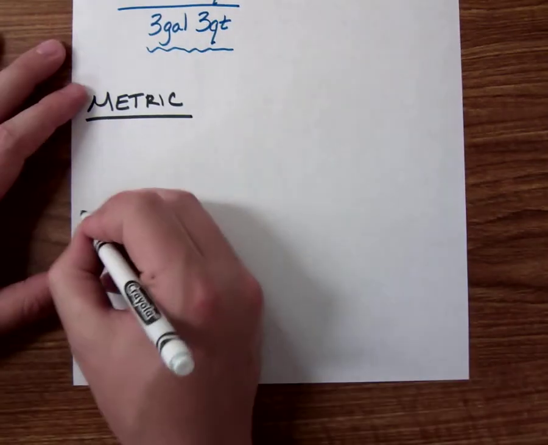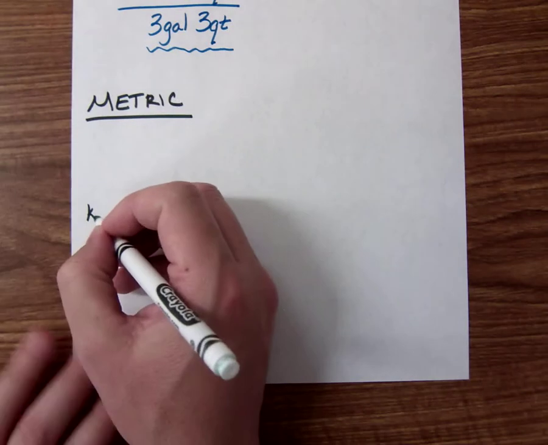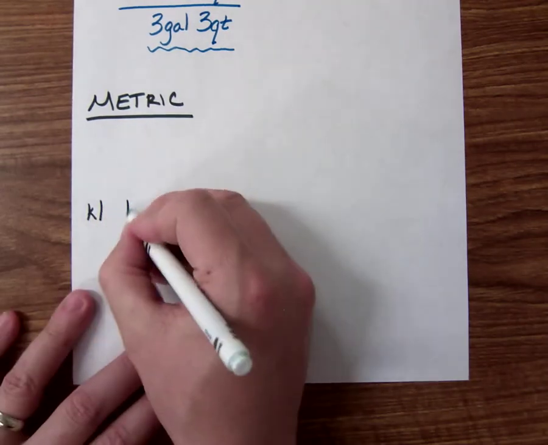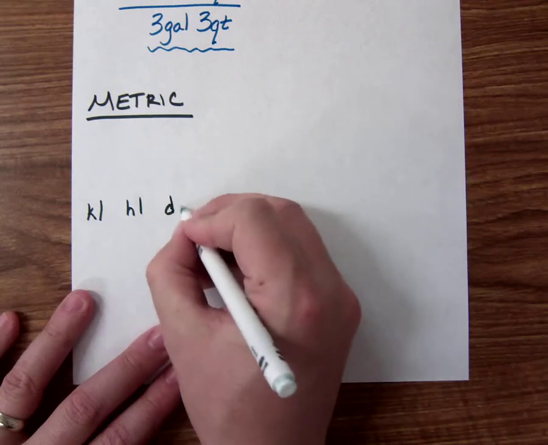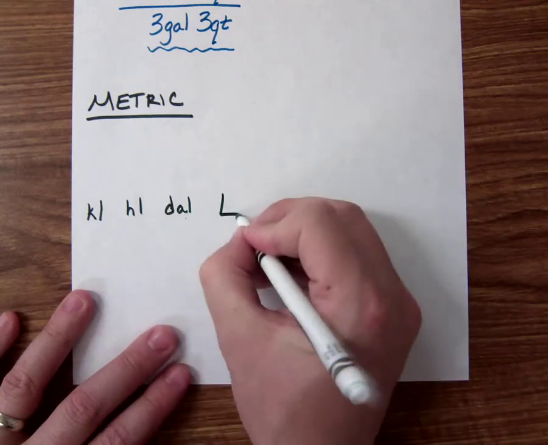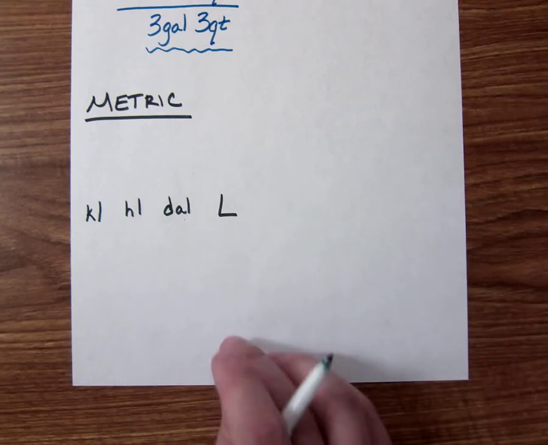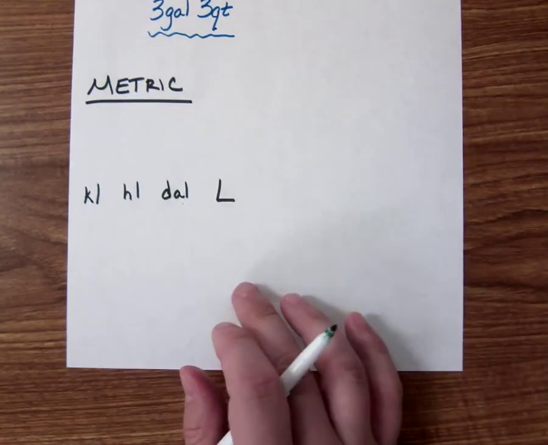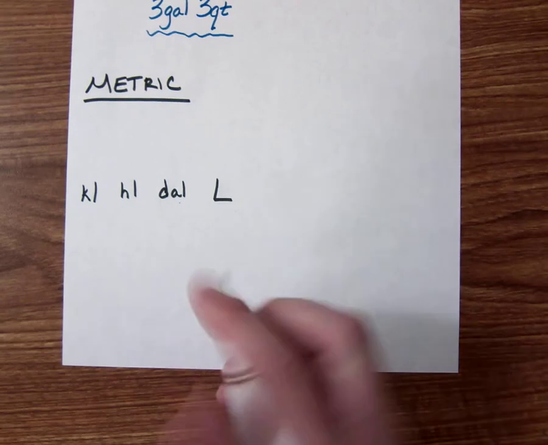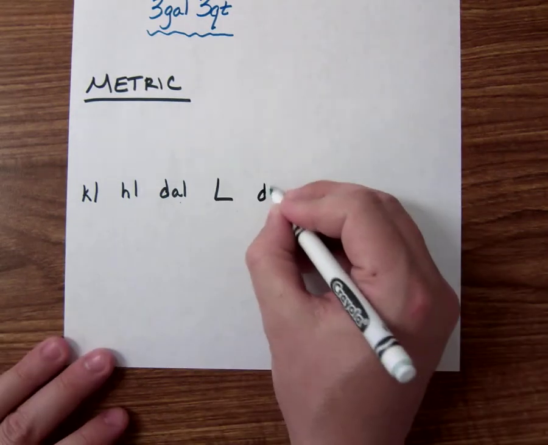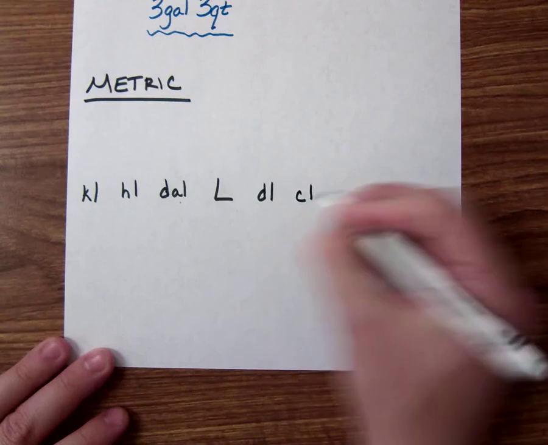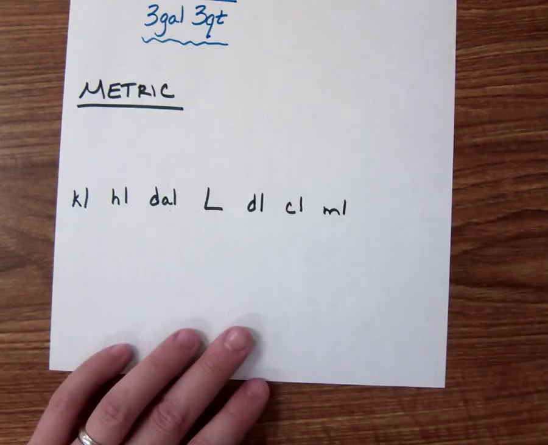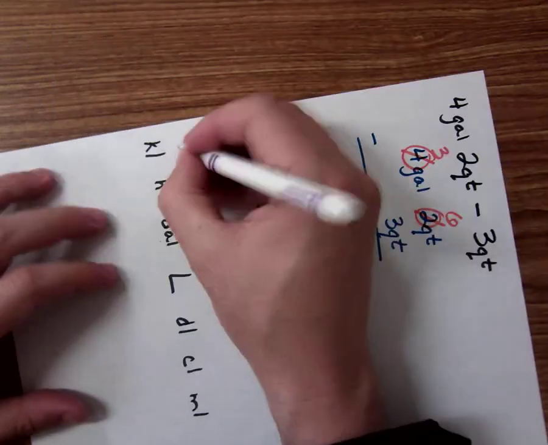So we have kiloliters, hectoliters, decaliters, and then liters. We generally do, I don't know why, that is a capital and the others are lowercase. I can't really explain why, it's just the way it's written. Liters is capital. Not a big deal either way. Deciliters, centiliters, and milliliters. Maybe it's capital so that it doesn't look like the number 1. Maybe that's why they did it. I don't know.